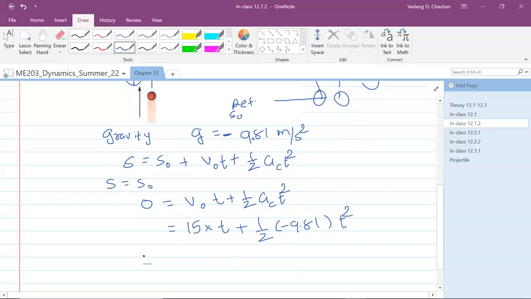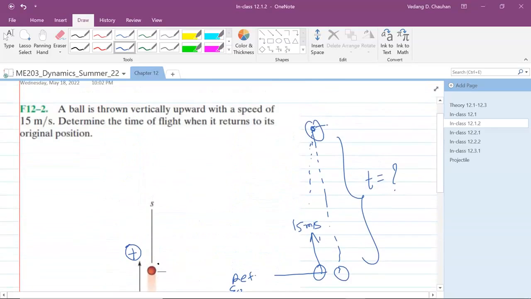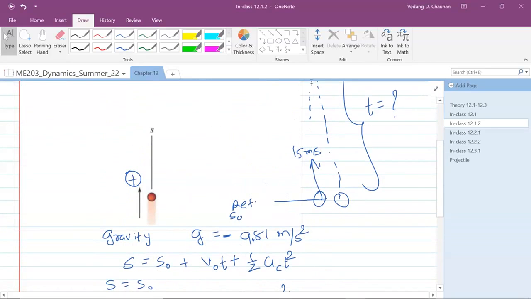There is only one unknown in this equation, and that is time, and once we solve for that we get 3.06 seconds. So this is the time of flight. The ball takes 3.06 seconds to go all the way to the top and come back to the same point. Thank you.